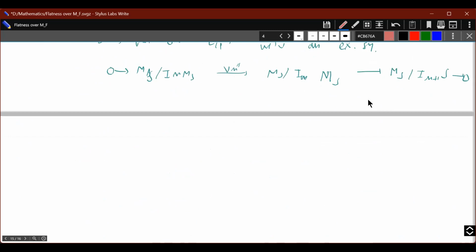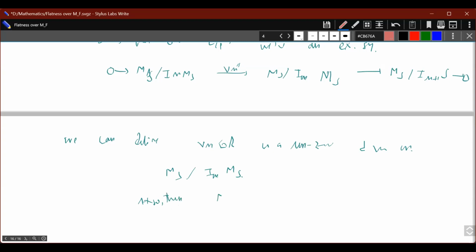Okay, let me write this. So we can define the non-zero divisor. Also, then, so this is basically an inductive proof. See the point? So this is our induction analysis. So it's being flat.